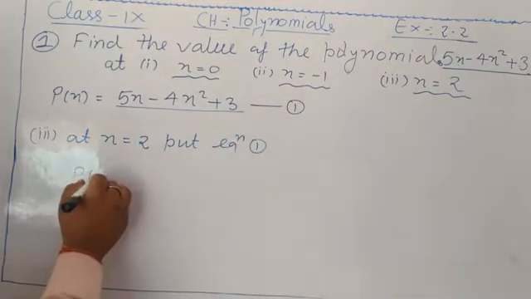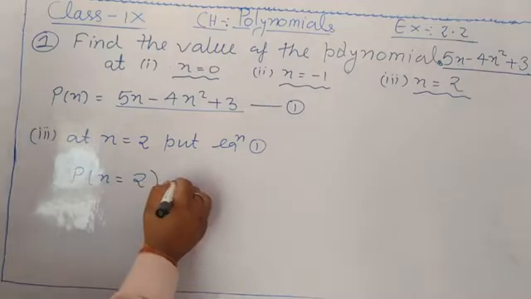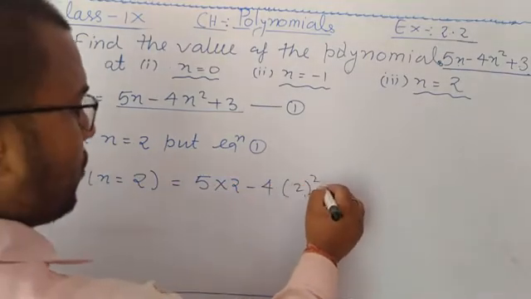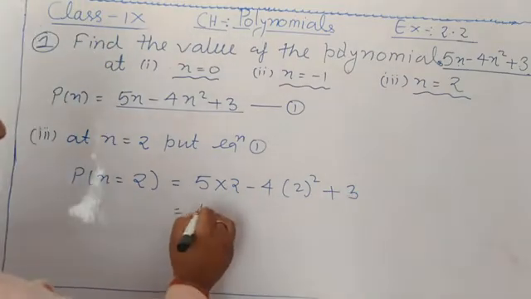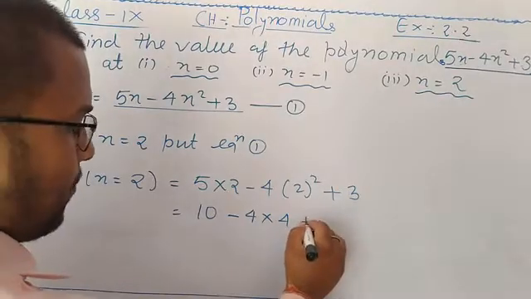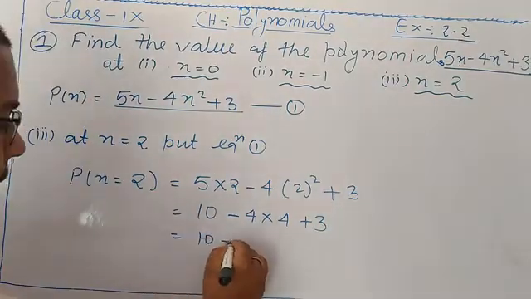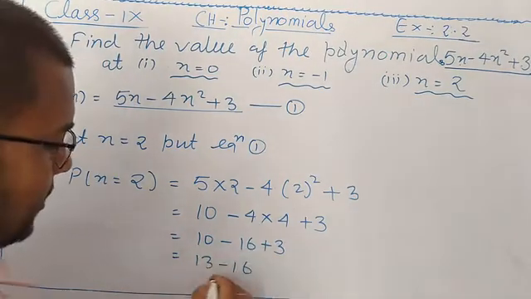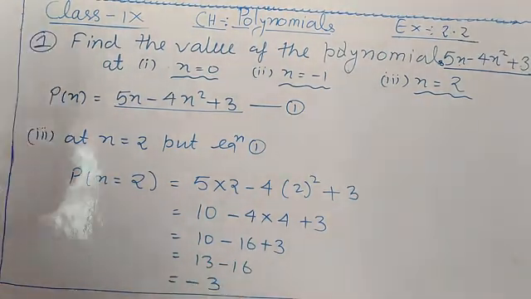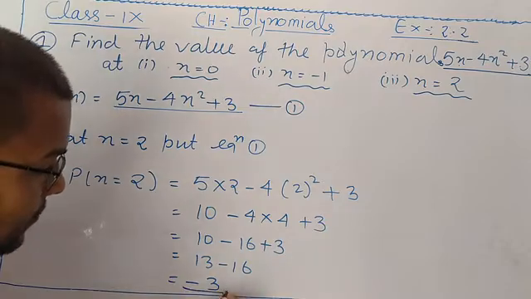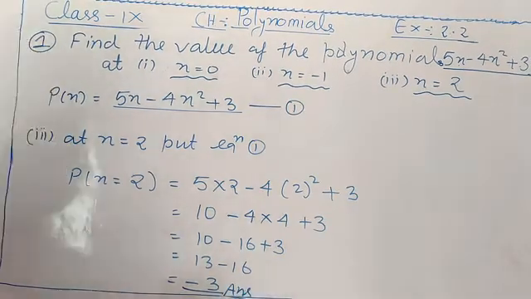Okay student, p(2) is equal to 5 into 2 minus 4 into 2 square plus 3. 5 times 2 is 10, minus 4 times 2 square, 2 times 2 is 4, so 16, plus 3. 10 minus 16 plus 3. 13 minus 16 is equal to minus 3. The value of the polynomial at x is equal to 2 is minus 3. Okay student, write that.